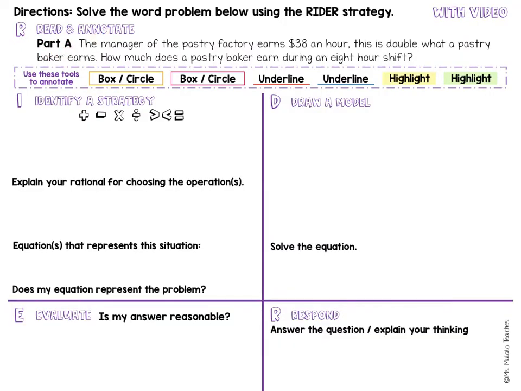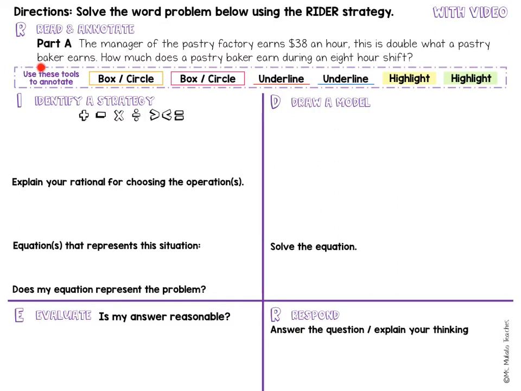Part A. The manager of the pastry factory earns $38 an hour. This is double what a pastry baker earns. How much does a pastry baker earn during an 8-hour shift? Now that we have read the question, it's time to annotate. Annotate means make notes and write on.